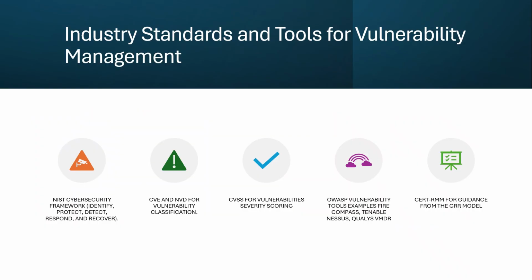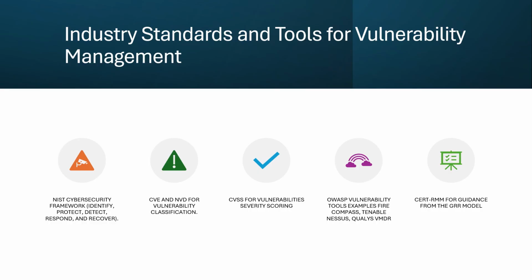So, the industry standards and tools for vulnerability management. First off, you always want to go back to the NIST cybersecurity framework: identify, protect, detect, respond, and recover. You want to utilize the CVE and the NVD for vulnerability classifications. If you're going to do risk management or vulnerability scanning, you also want to use the CVSS for vulnerability severity scoring, which allows you to prioritize remediating the risk.